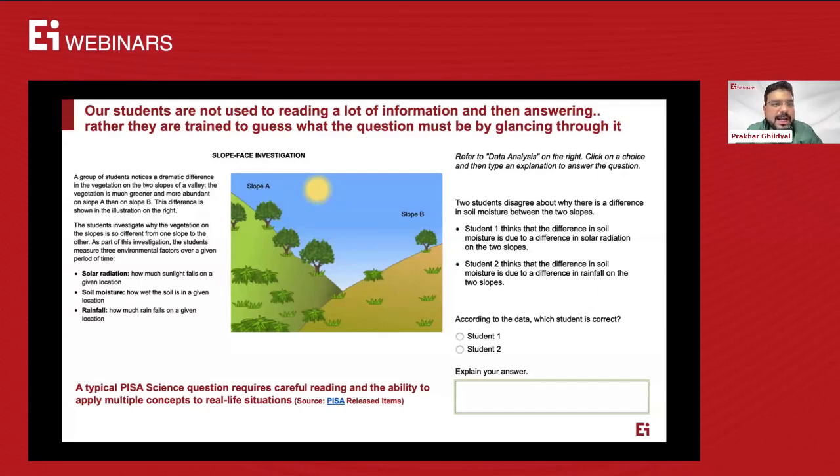It says how much sunlight falls on a given location, soil moisture, how wet the soil is, rainfall, how much rain falls on a given location. And then student one thinks that the difference in soil moisture is due to the difference in solar radiation on the two slopes. But student two is saying that the difference in soil moisture is due to the difference in rainfall.